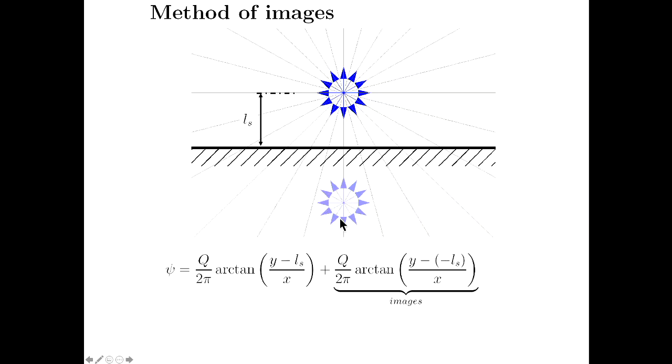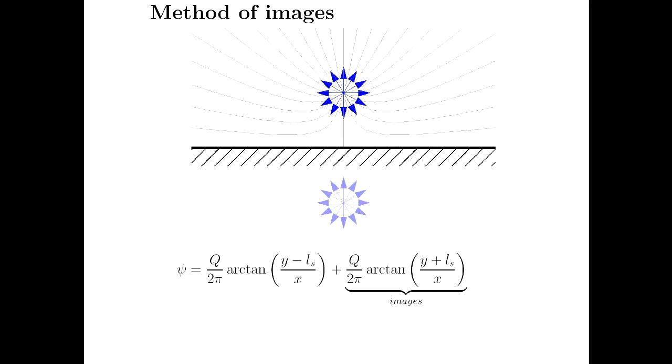So this is my mirror image here. And if I look at the streamlines now, you can see that the streamlines of my source do not cross this wall or this floor. And similarly, the streamlines of the image are just a mirror image of the streamlines of the source. Again, we'll do an example of this, so don't worry too much for now.